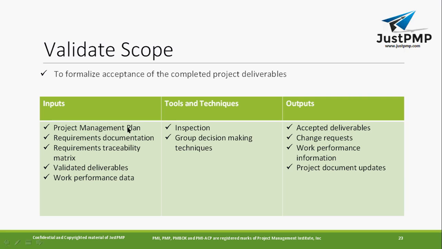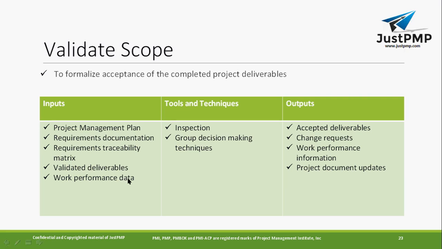Now let me tell you, validate scope and control scope are part of monitoring and controlling. After the execution, you have something which has been delivered, and now you want to validate all of it. So what inputs will be there?